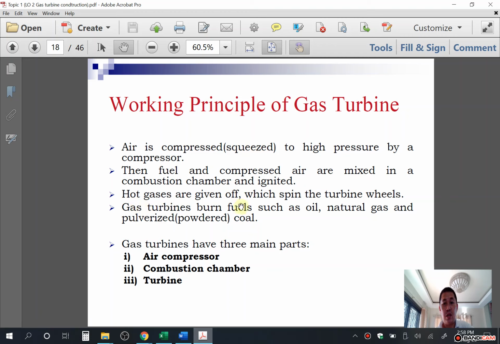Hot gases are given off which spin the turbine wheels. Gas turbines burn fuel such as oil, natural gas, and pulverized powdered coal. So, if you were asked what are the gas turbine's three main parts: air compressor, combustion chamber, and turbine.